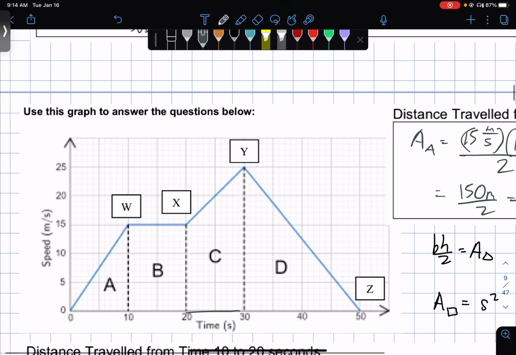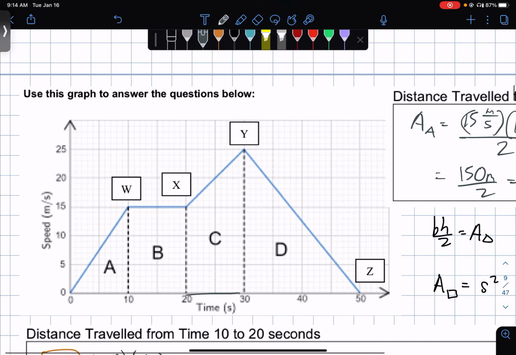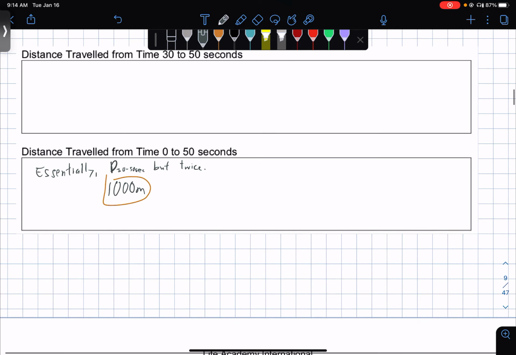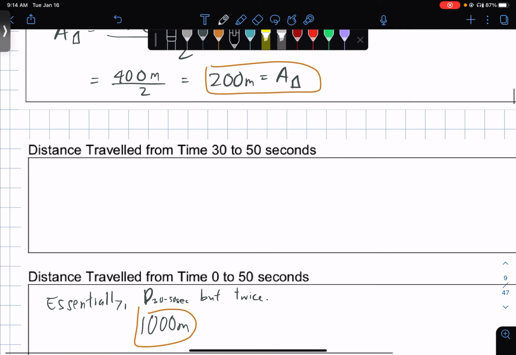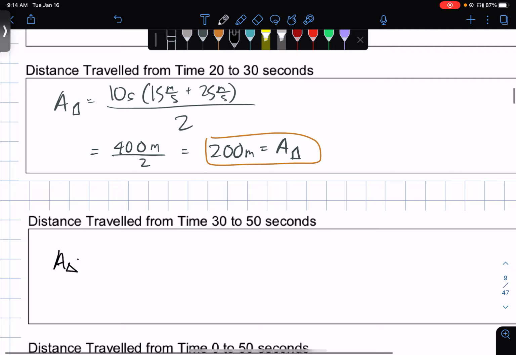Distance traveled from 30 to 50 seconds. We have a triangle, a massive one. The base is going to be 20, and the height is going to be 25. So area of this triangle is equal to base times height over 2.